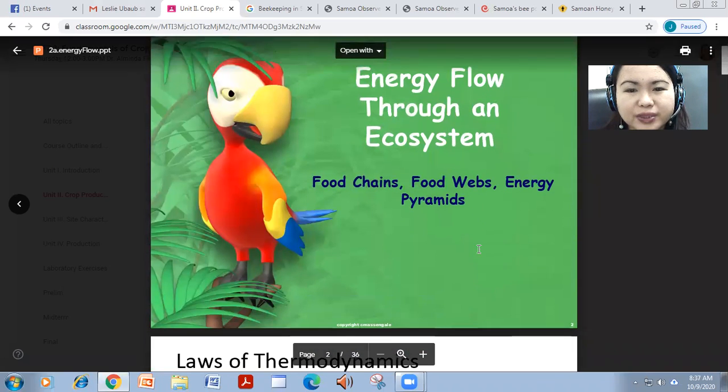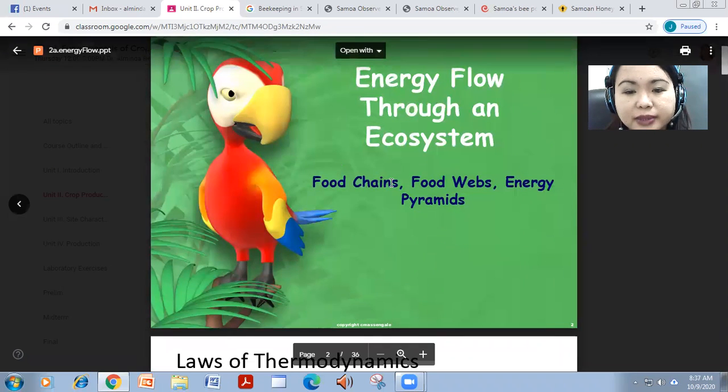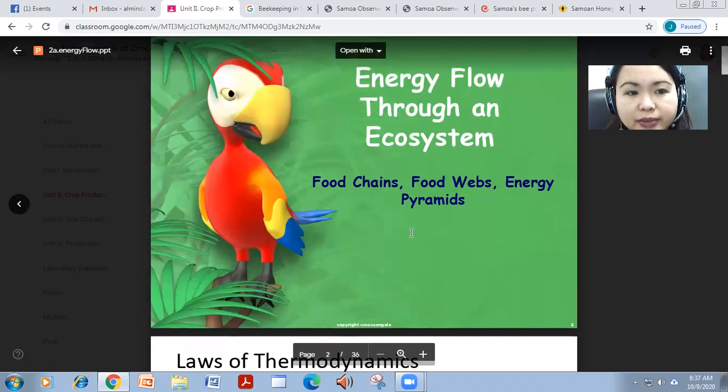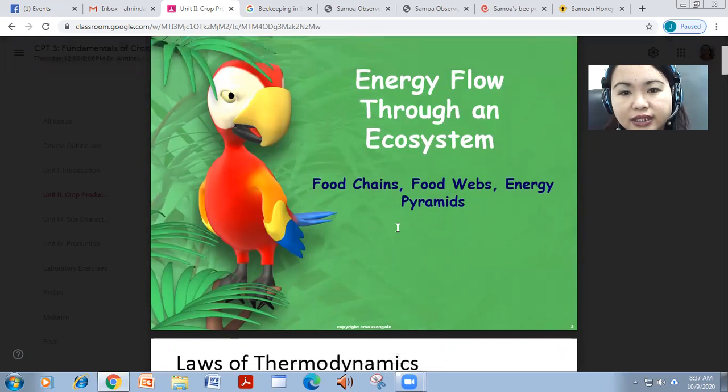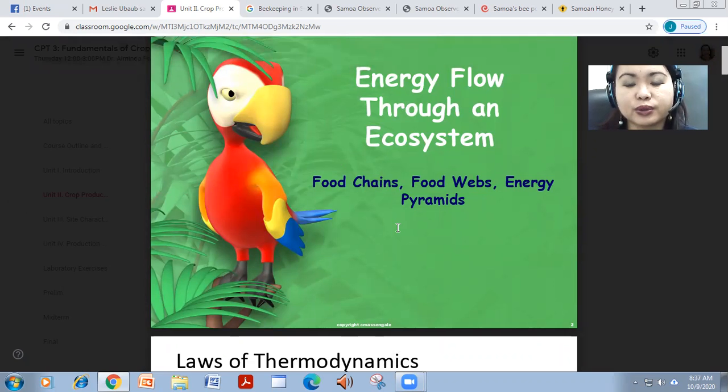When we say energy flow through an ecosystem, of course, it refers to all the living organisms, all living things: humans, animals, and plants. There are terminologies like food chains, food web, and energy pyramids that we're going to talk about in this presentation. So what is this energy flow through an ecosystem?